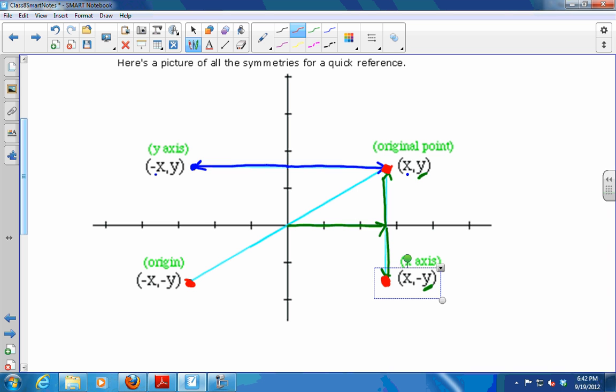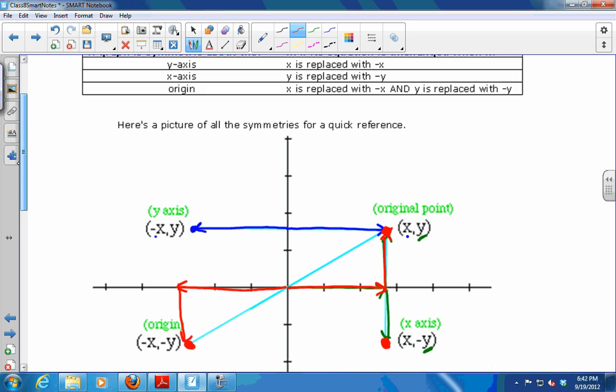And then when I fold over y, it would land on top of this one. And this point goes right x, up y. And to get to this point, you go left x, down y. So if you replace x with negative x and y with negative y, you'll have the same equation. So this picture can kind of remind you of what all the tests are.